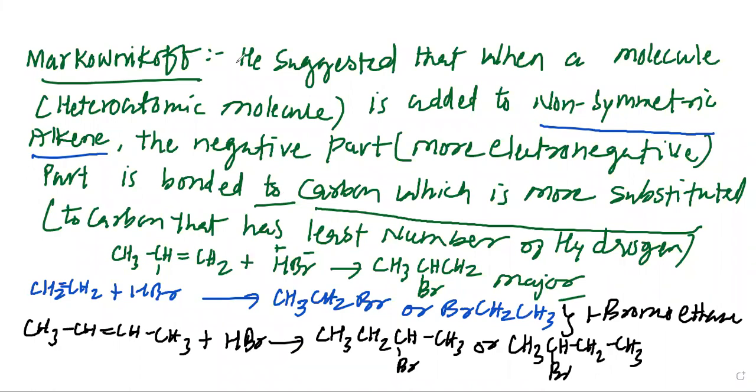Both these products, my dear students, see, if you give numbering this way 1, 2, 3 and 4, both these products are known as 2-bromobutane.